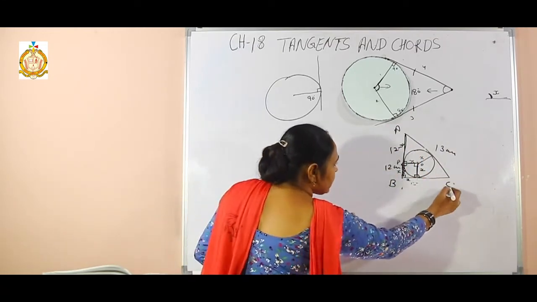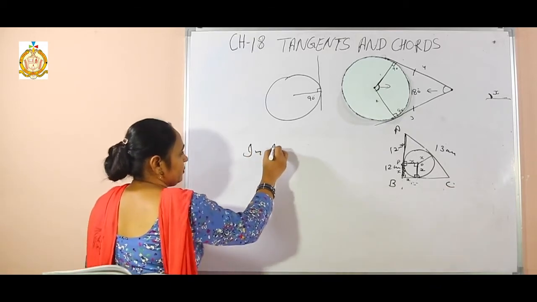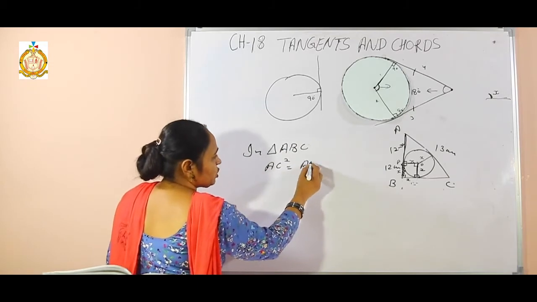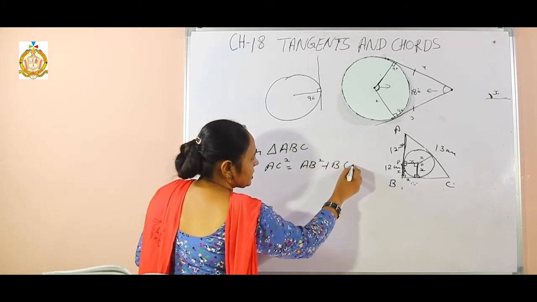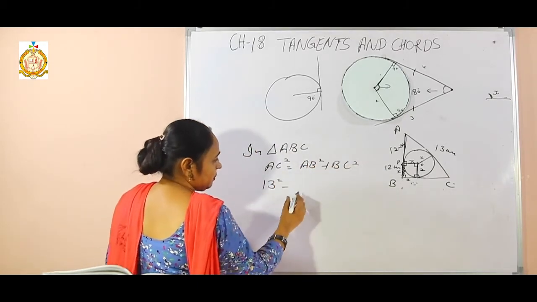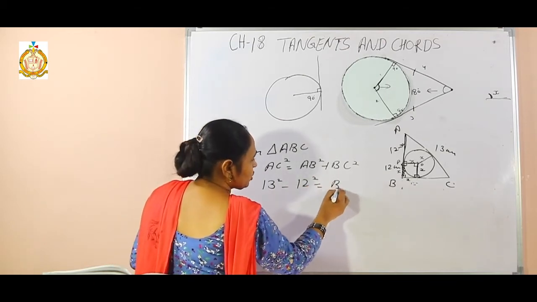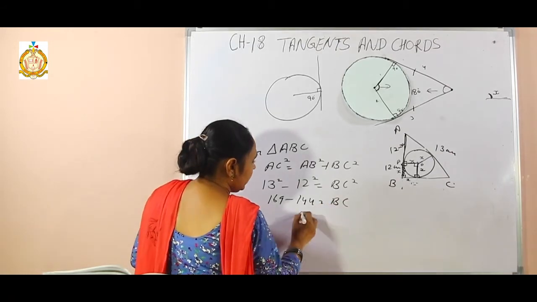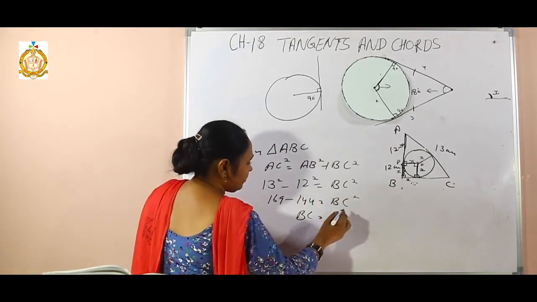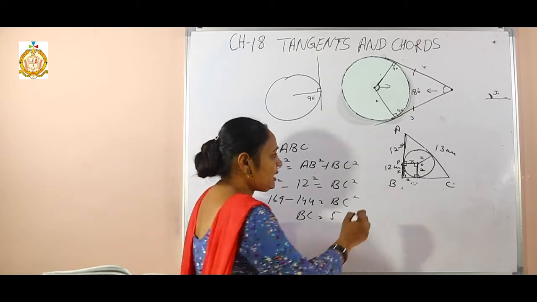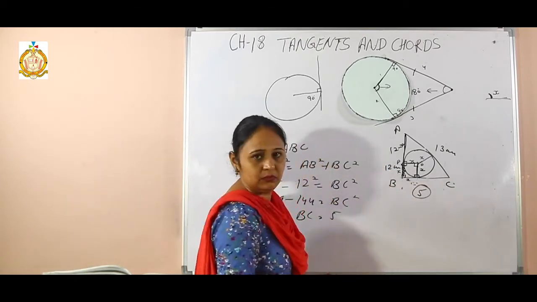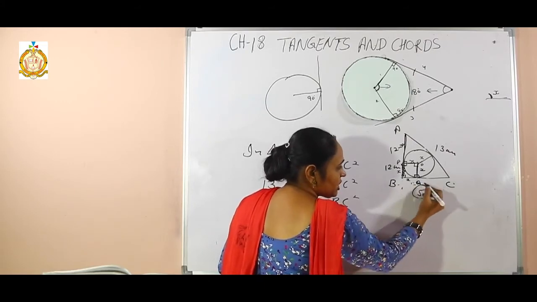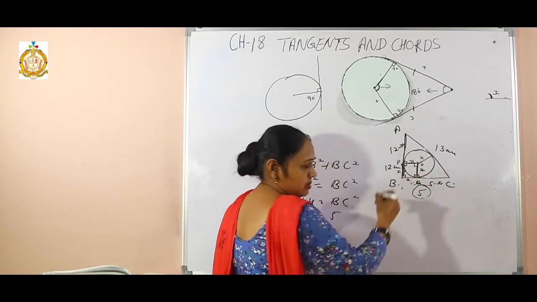In triangle ABC, AC square equals AB square plus BC square. So 13 square minus 12 square equals BC square. 169 minus 144 is 25, and BC becomes 5. That means this full side is 5. This BQ is X, that means QC will be 5 minus X.